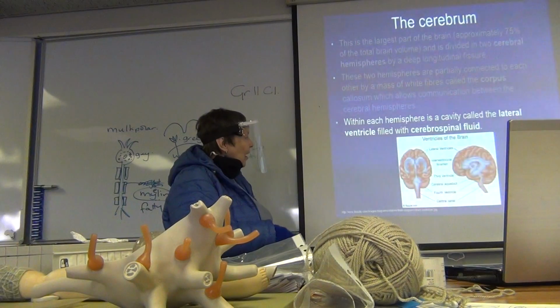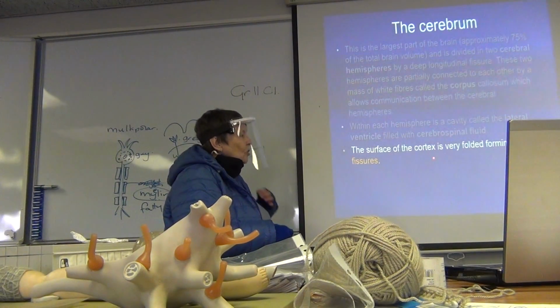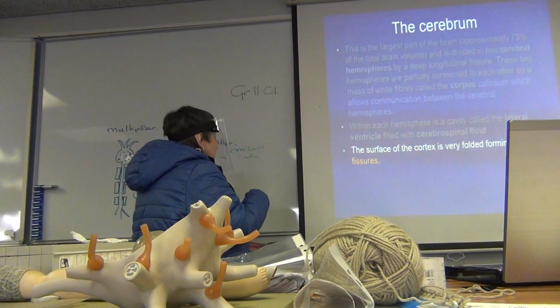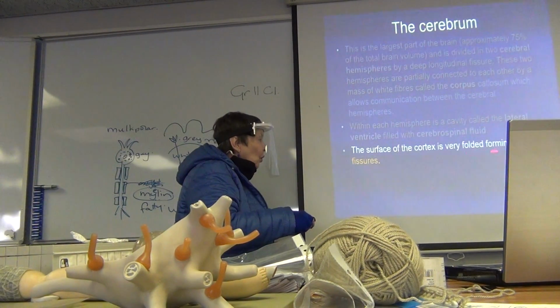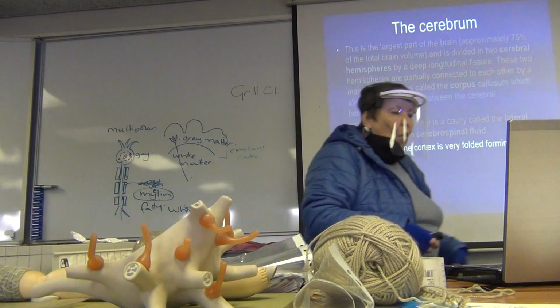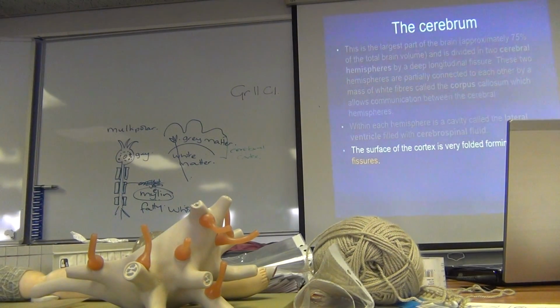Okay, and then the surface of the cortex, as I showed you here and on the model, is very, very folded, and those folds form what are called fissures. A fissure is this little crevice that is here and here and here. And apparently lots of fissures is a sign of intelligence and evolutionary development.